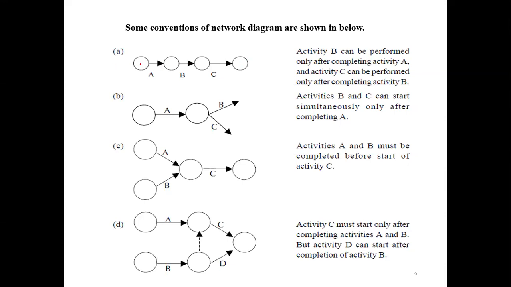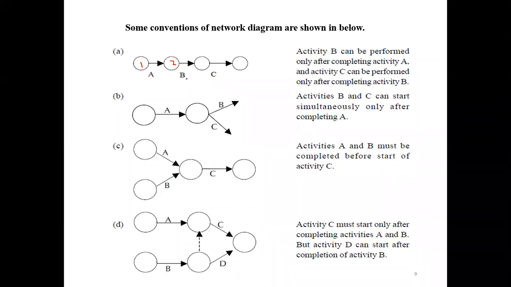For example, if you put the number here, starting event 1, then the second event 2. Once activity A is completed, this node denotes that the A activity is now completed. Then from the second event, another activity B starts. Once B is completed, that means the third event.